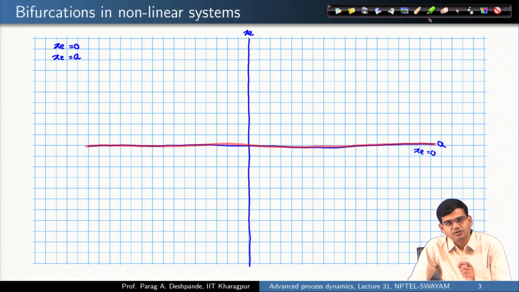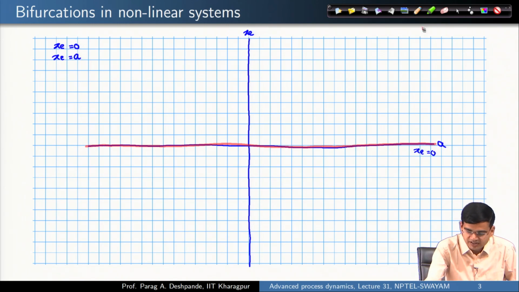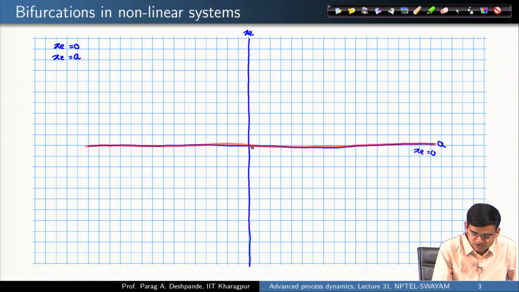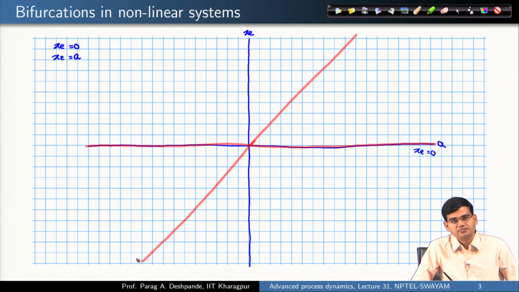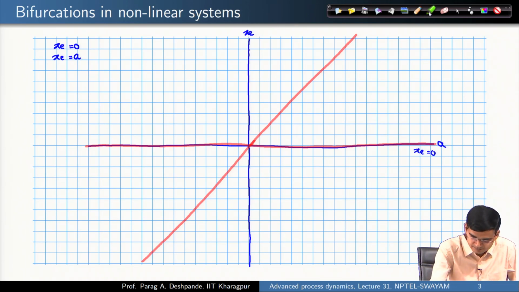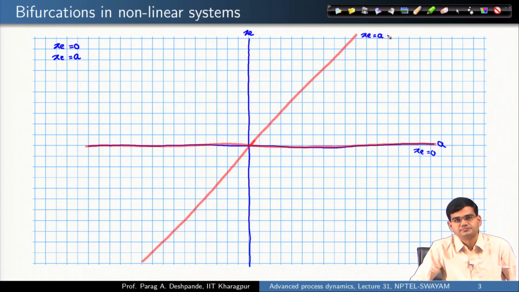So, x e is equal to a is the equation of the straight line y is equal to x. So, this is going to be your curve, and this is x e is equal to a.